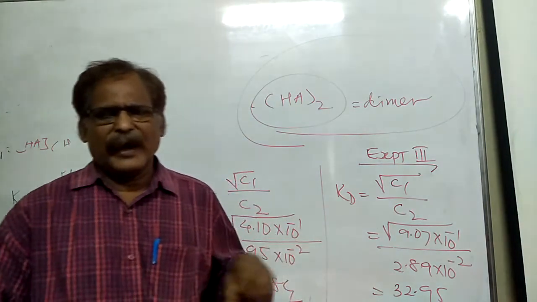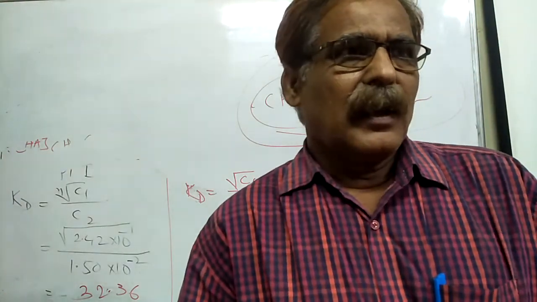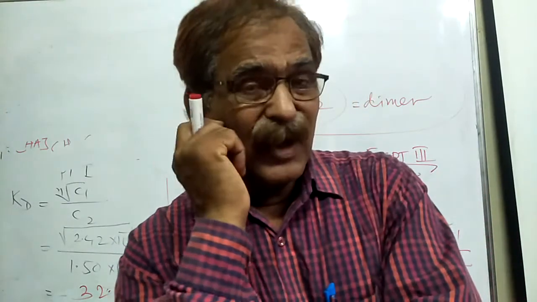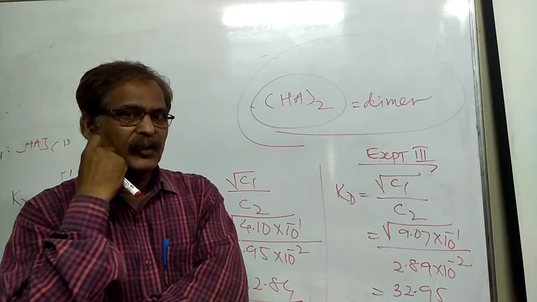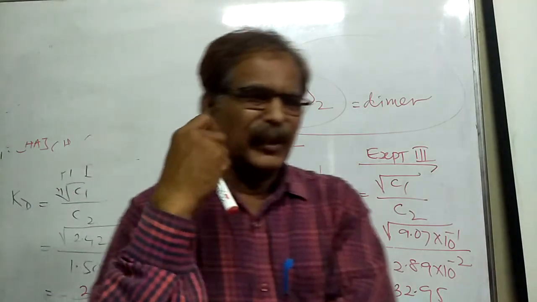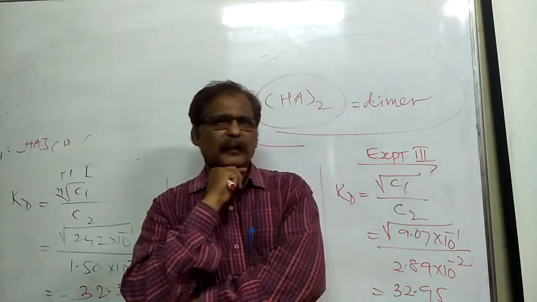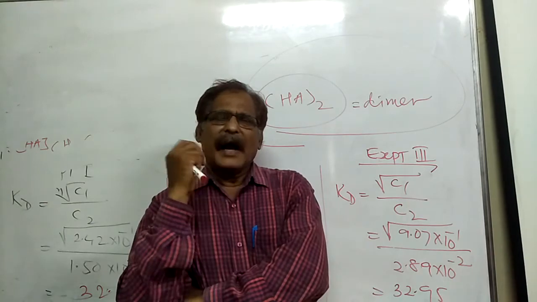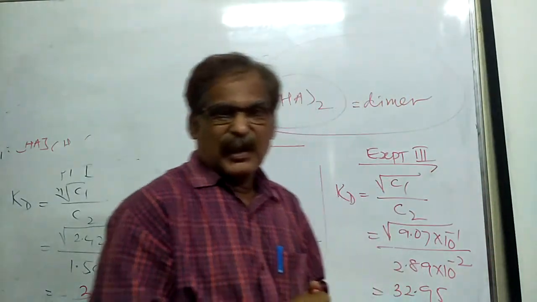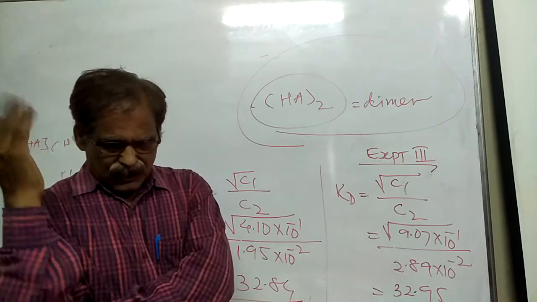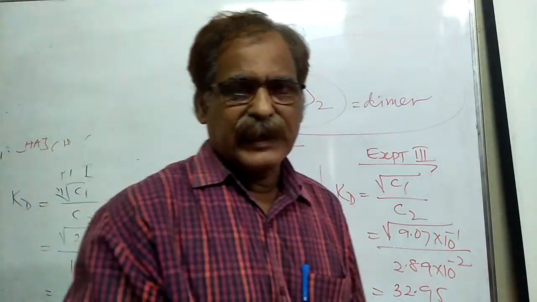On the contrary, when we apply modified Nernst distribution law, Kd is equal to square root of C1 upon C2, the numerical values are fairly constant, and therefore the acid HA in this case exists as associated molecules in solvent benzene, and the numerical value of n is equal to 2. With this, I stop here.